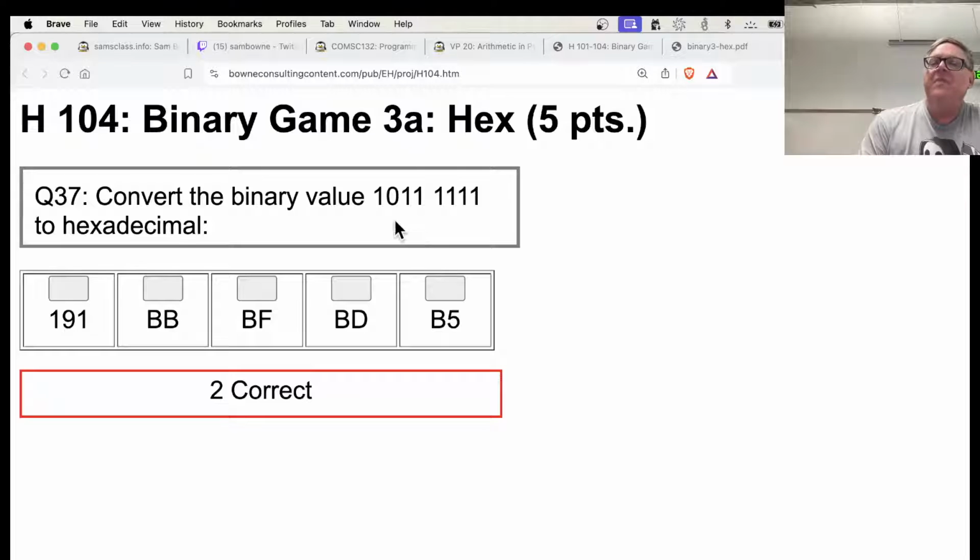You're getting there. What's the left nibble? You don't need to multiply 11 times 16 again. You're just trying to get to hex. What's 11 in hex? 1011. Yeah, but what is it in hex? That's binary.